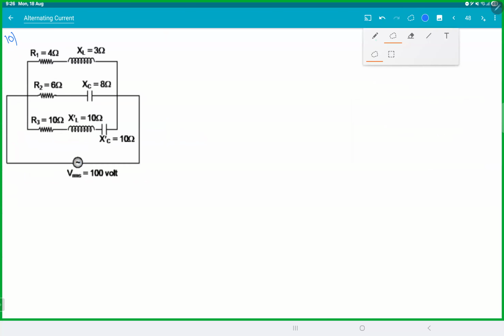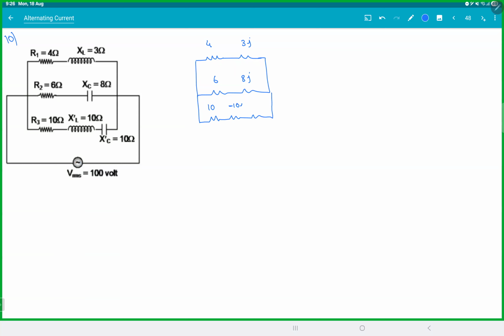Step 1, let's convert everything into resistances. 4, and this is 3J. This is 6, and this is 8J. And this is 10 minus 10J.